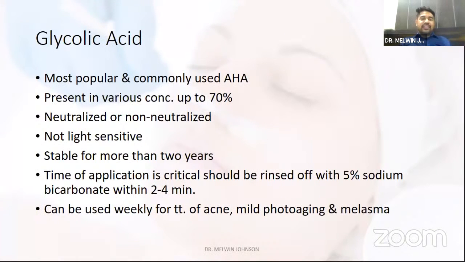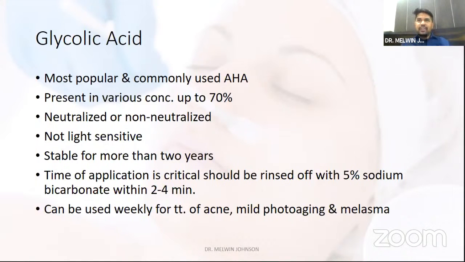So glycolic acid is the most commonly used. It has many concentrations. There are so many brands of glycolic acid present in the market, ranging from 2%, that you can give to the patient for use, to 10, 15, 20, 30, 40, 50, 60, 70%. Glycolic acid I have also used.